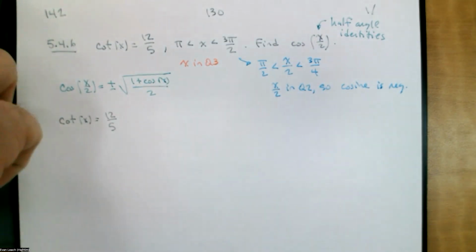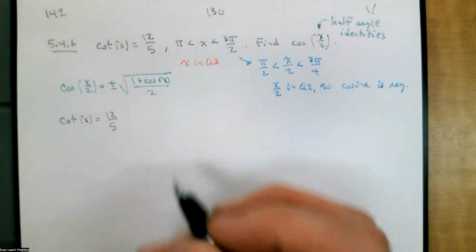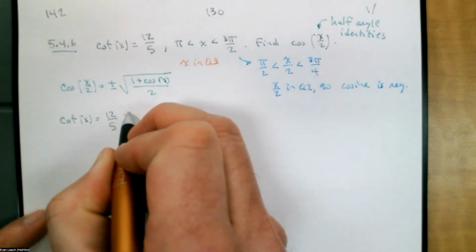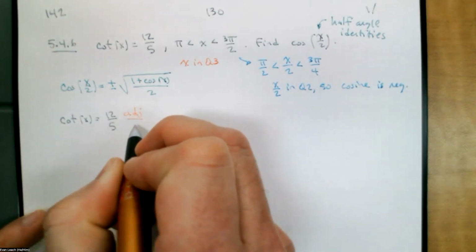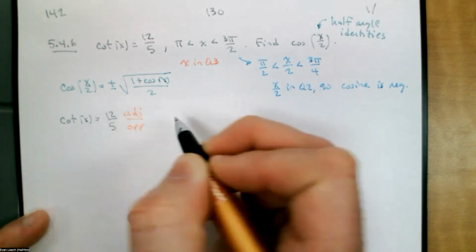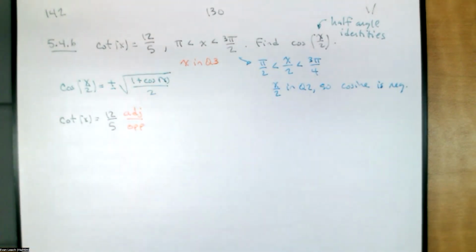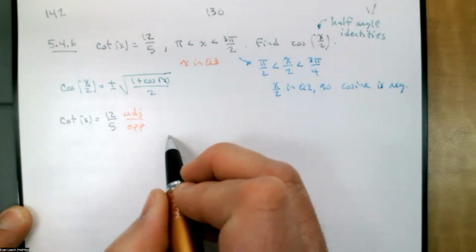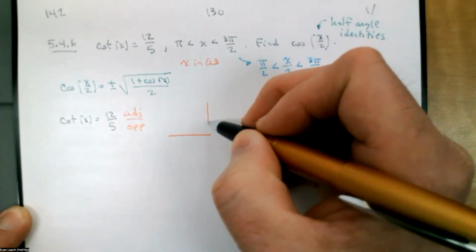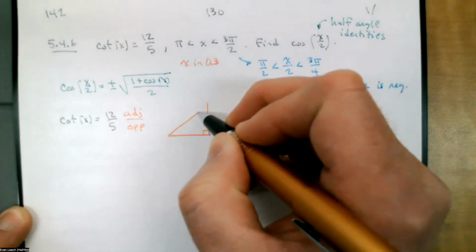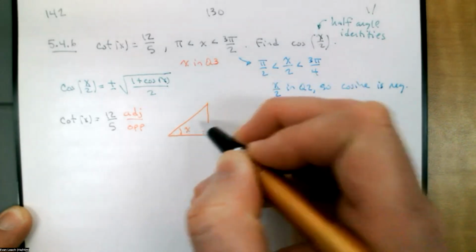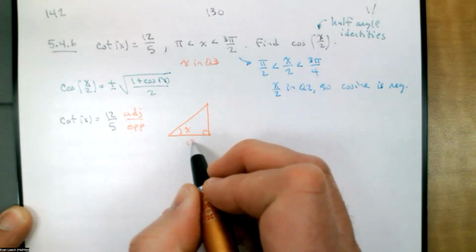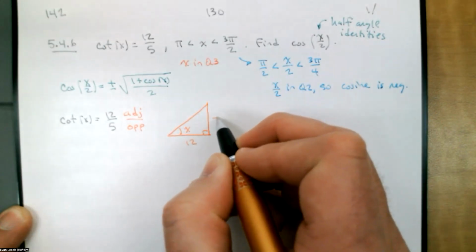So we're going to set up a right triangle where 12 is adjacent and 5 is opposite. So here will be x, and adjacent is 12, and opposite is 5.